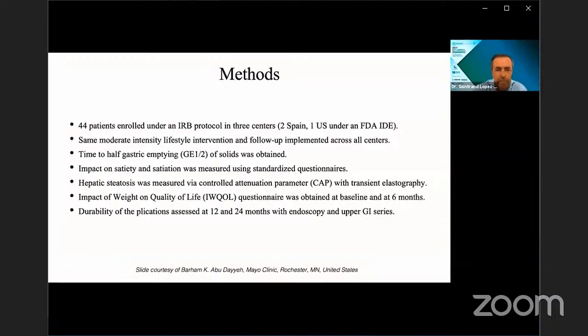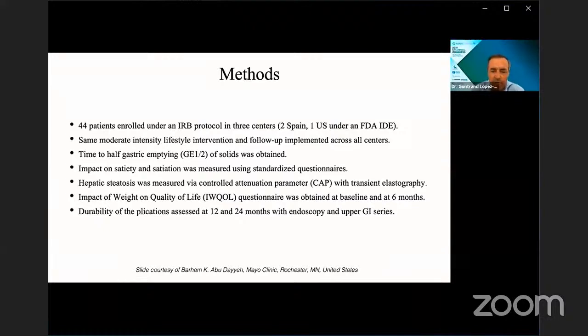But we enrolled 44 patients in the protocol, 2 centers in Spain and Mayo Clinic Rochester, and it was an FDA IDE study. We applied the same intensity of lifestyle intervention and follow-up. We measured gastric emptying, impact on satiety, satiation.